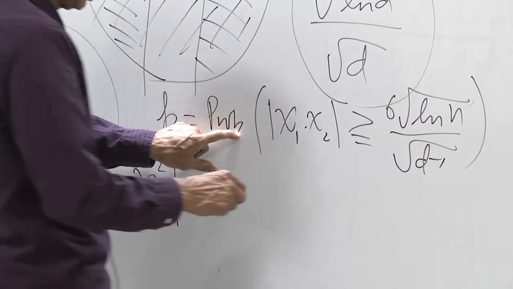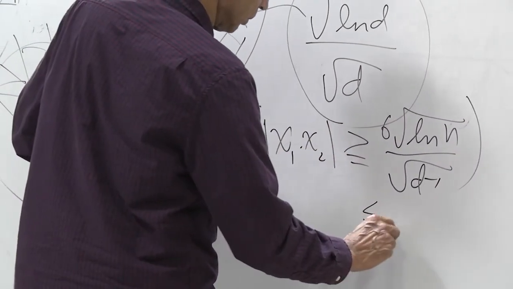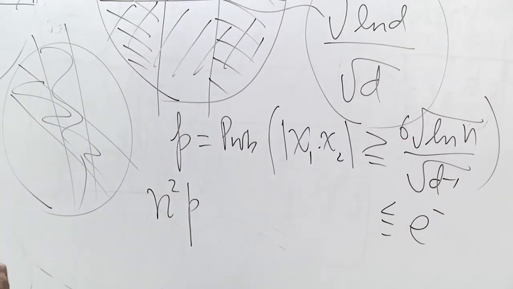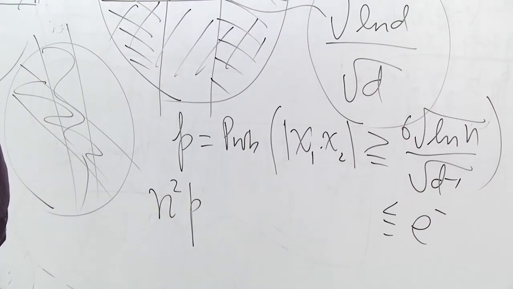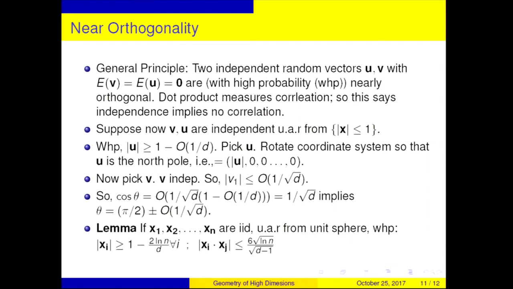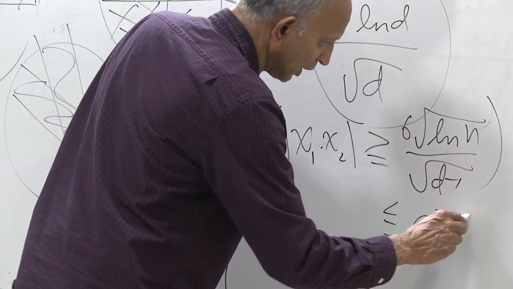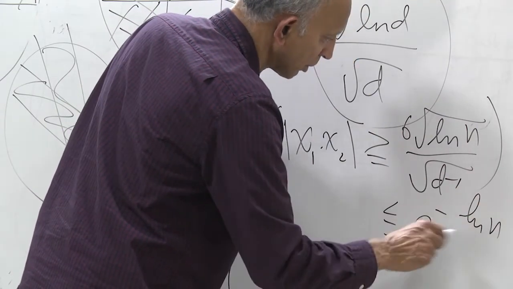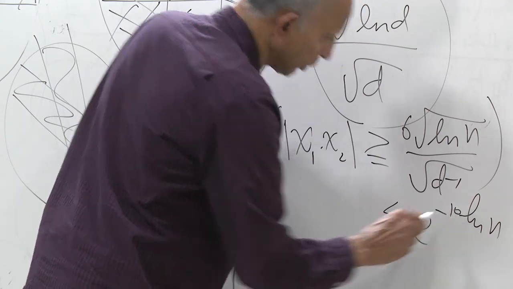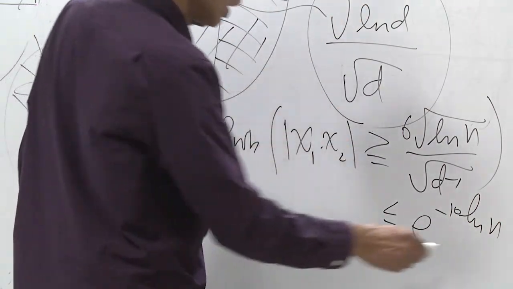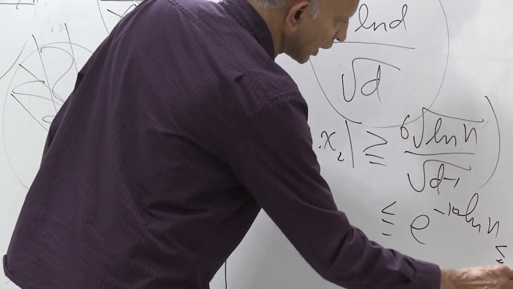Now this probability I know is less than or equal to e to the minus, I forgot whether it's c squared or c. That's the equator thing, it's c squared, right? So it's the square of this, basically. It's log n times some constant. I think 10, I'll put 10 there. 6 squared divided by 2. I mean, you have to go back to the actual proof. So this is less than or equal to 1 over n to the 10.